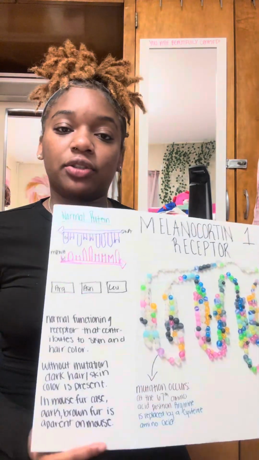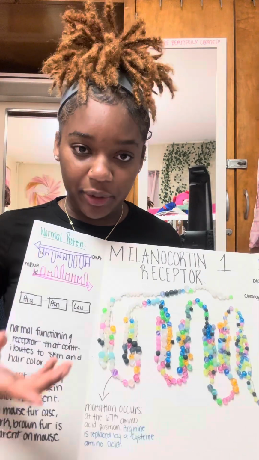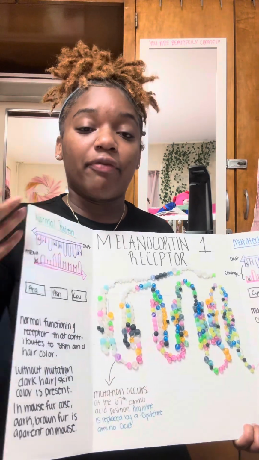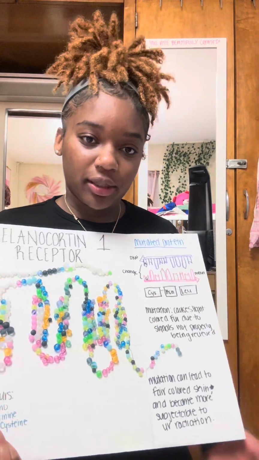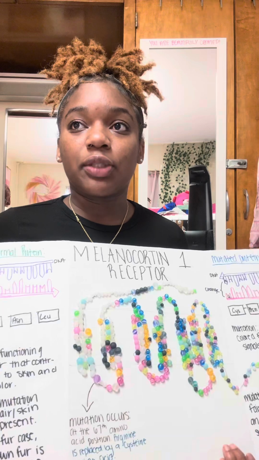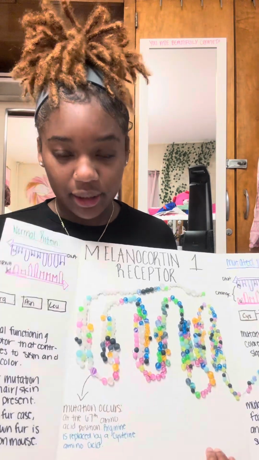Without the mutation, darker hair or darker skin is shown, as you can see in the mouse experimentation. When the mutation was not present, the mice had very dark colored skin. If the mutation was present, then the mouse had very light colored skin, and this representation can be seen throughout most mammals, humans to be exact.